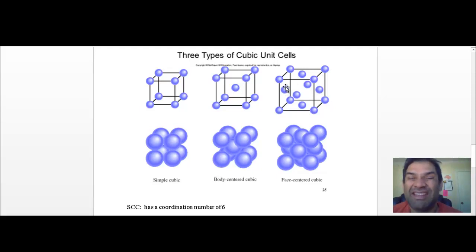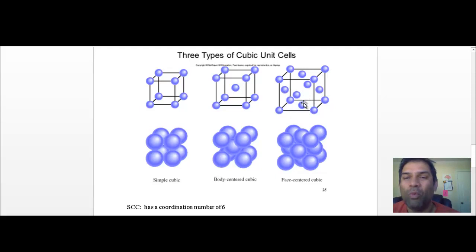So inside this cube, this packing brick, there's 50% of this atom. Each atom at the center of a face is shared 50%, so 50% of 6 is 3. And we know the corners are 1/8 of an atom each, which gives 1. So this is a simple cubic unit cell with an atom at each face of the cube.